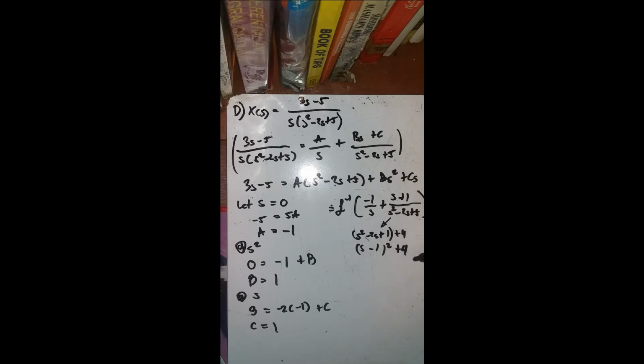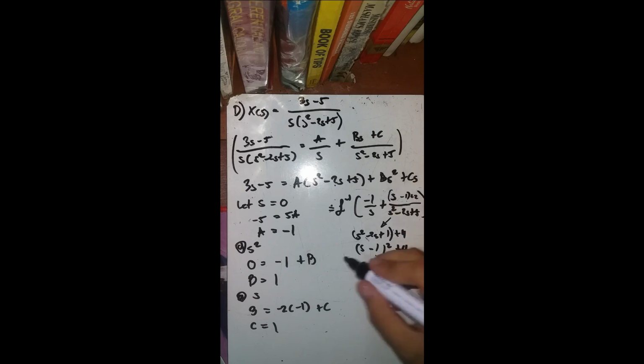Now by looking at this, we are dealing with a sine function. But since on our top here is s plus 1, it should be equal to your s down here. So we manipulate this. This becomes your s minus 1 plus 2. Now we have here negative 1 over s plus s minus 1 plus 2.